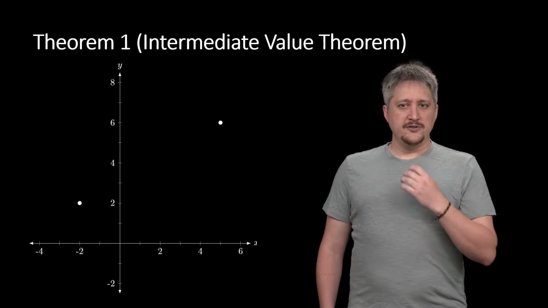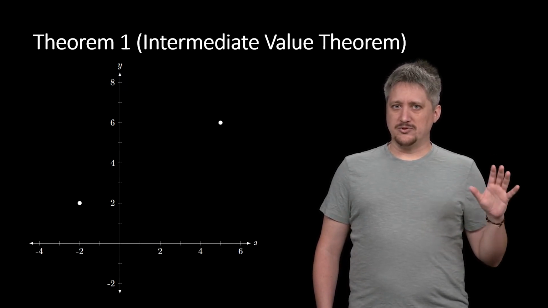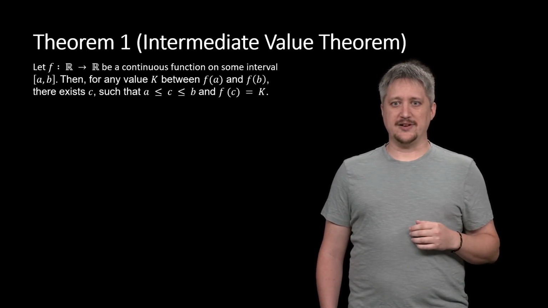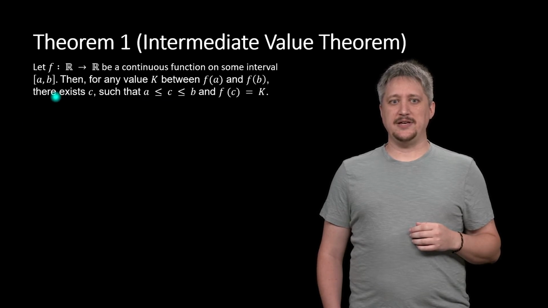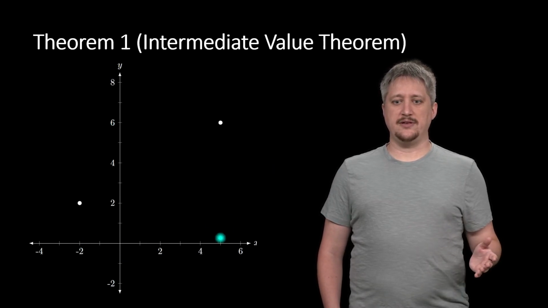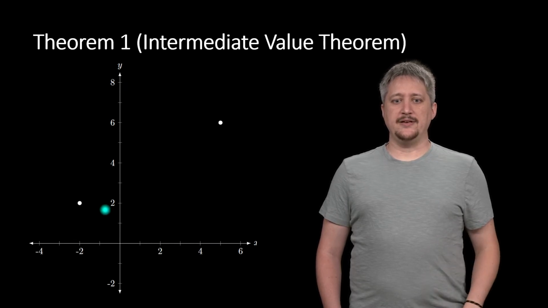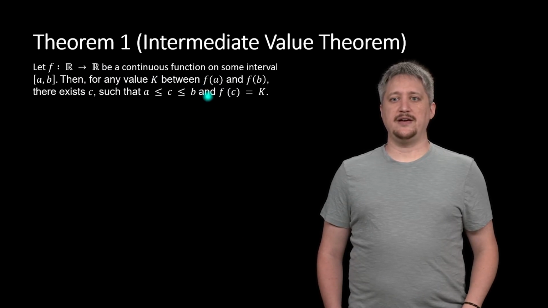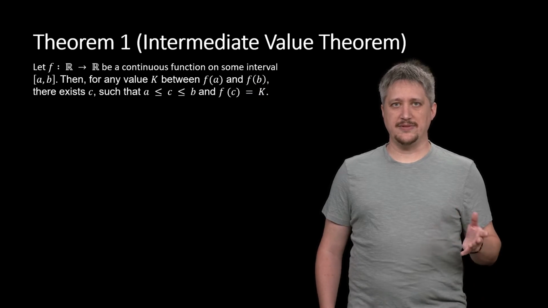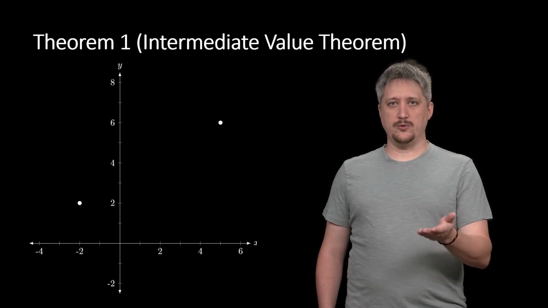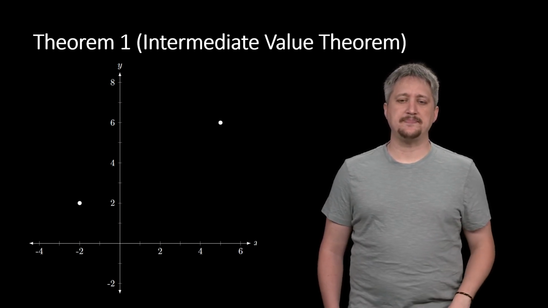In our original notation, that would be the a and the b up here. The a and the b correspond to these x values, the -2 and the 5. And the y values, the 2 and the 6, correlate to f of a and f of b. So f of a and f of b are the y values, and the a and the b themselves are the x values for these 2 points that we have.